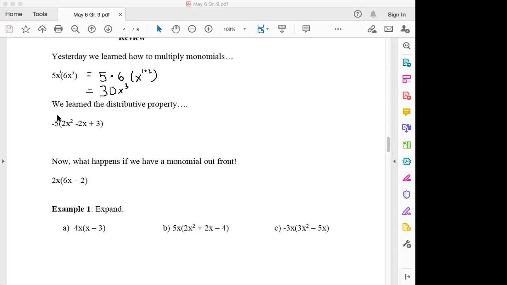We also learned about the distributive property. So hopefully you guys rock that quiz. This is like the rainbow effect that we were talking about. You're going to multiply everything inside the bracket. My mouse got stuck there for a second. So you would do -5 times 2x squared, which will give you -10x squared.